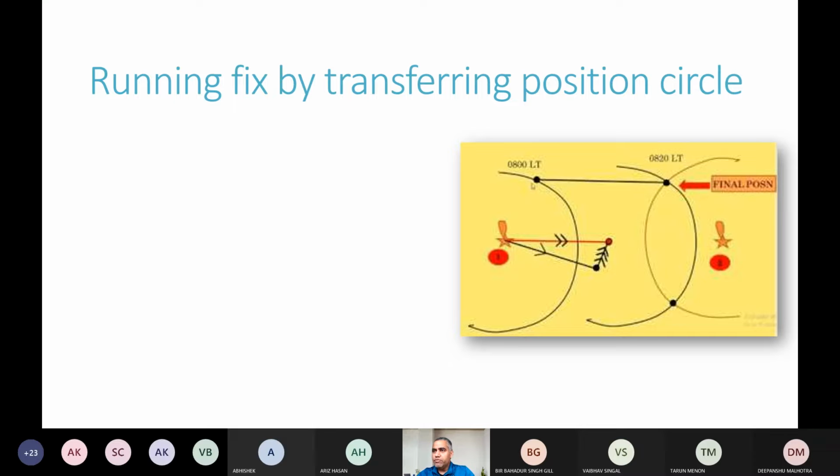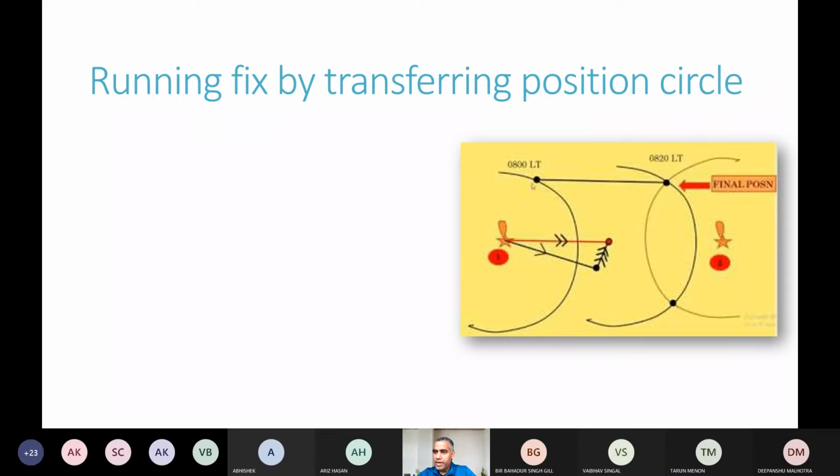Some methods with which we can find position circles are horizontal sextant angles. If you measure the angle between two lights, then that angle can give you a position circle. You can also measure the vertical sextant angle. If you get the vertical sextant angle of a light, it again gives you a position circle.